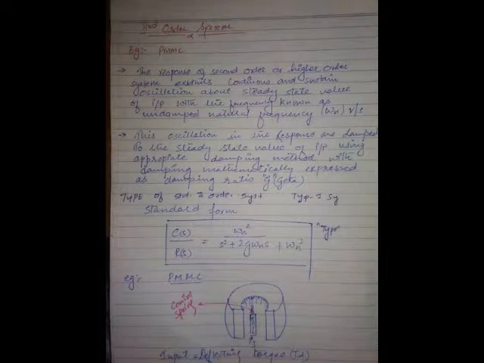If you want to calculate zeta and omega n of this second order system, they should always be calculated from the denominator, because order and response depend on the denominator, not the numerator. If the omega n square in the numerator is not the same, you must take zeta omega n from the denominator term only. So you must always compare the denominator term, which is s square plus b by j into s plus k by j.